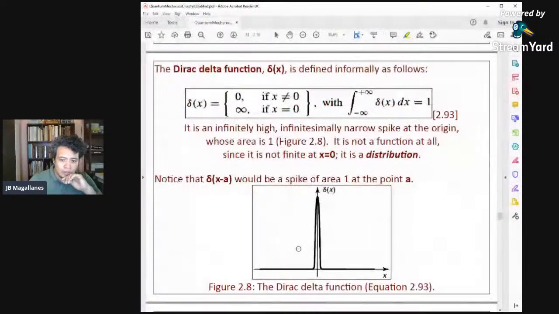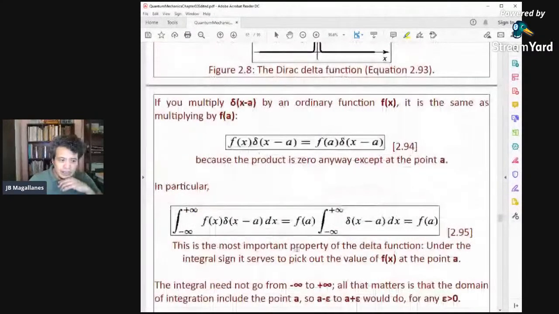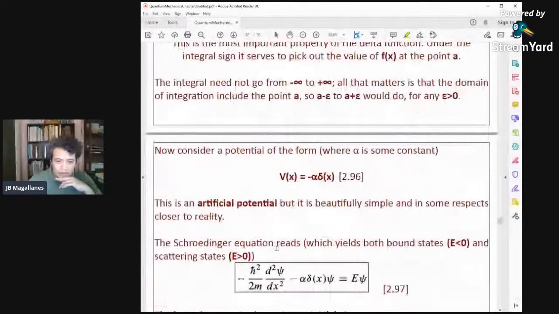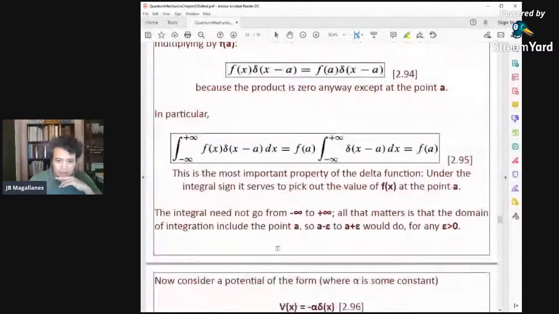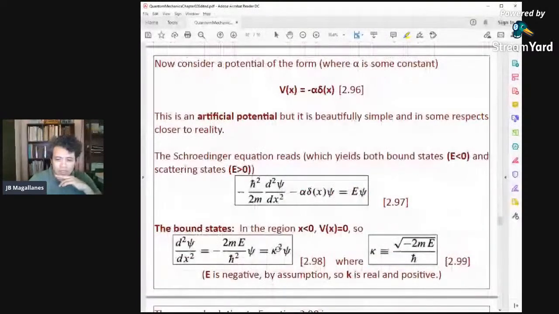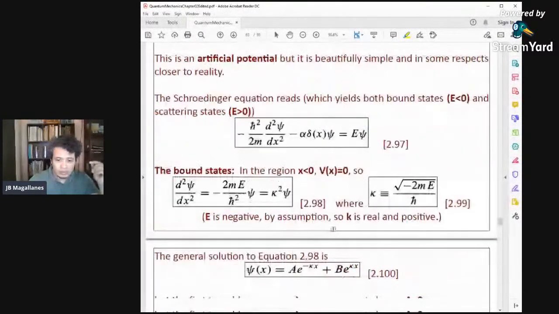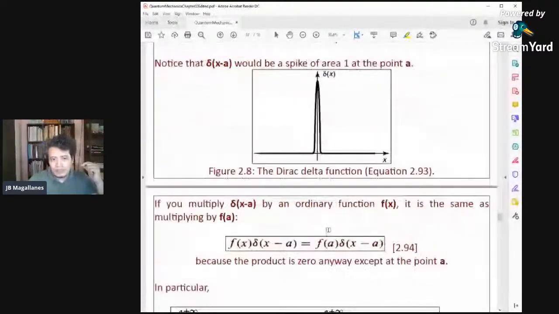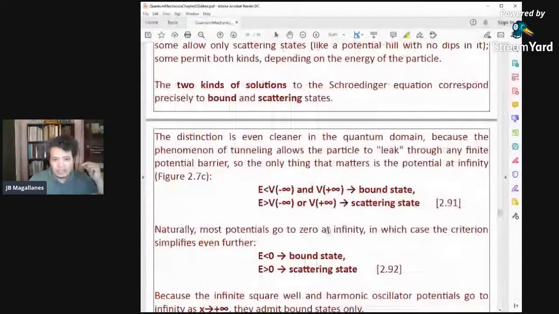That could be one of our modes of assessing you in this course. So far we still have chapter 2. We will start chapter 3 after the interaction sessions. So next meeting we will do this Dirac delta potential.